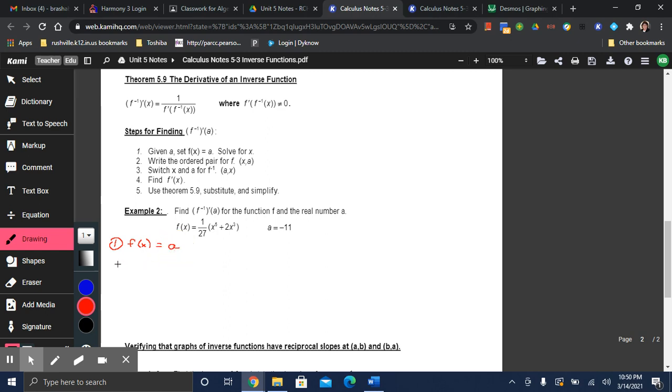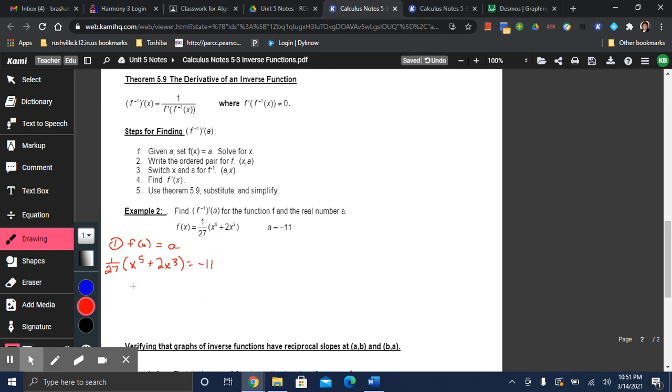That's what we're going to start with. So 1/27 times x to the 5th plus 2x to the 3rd power. We'll set that equal to negative 11.